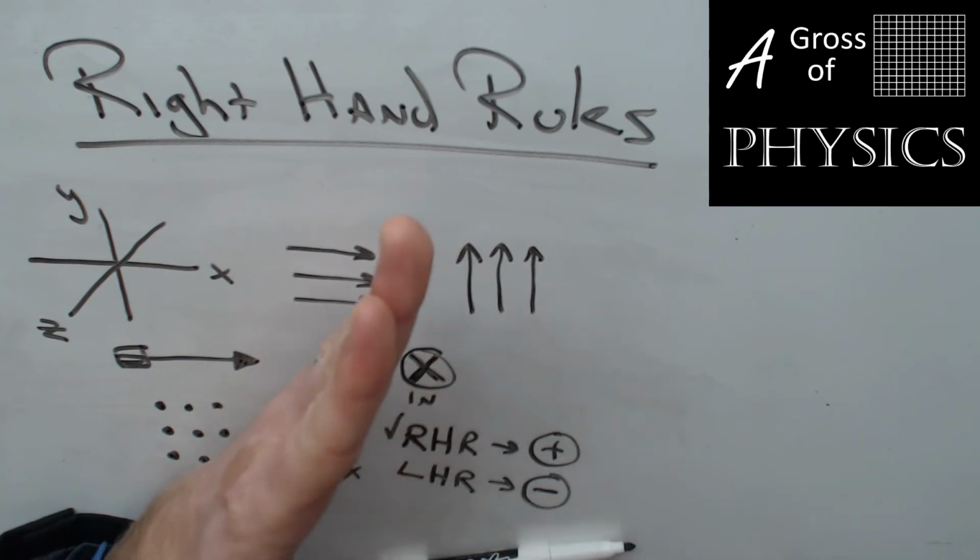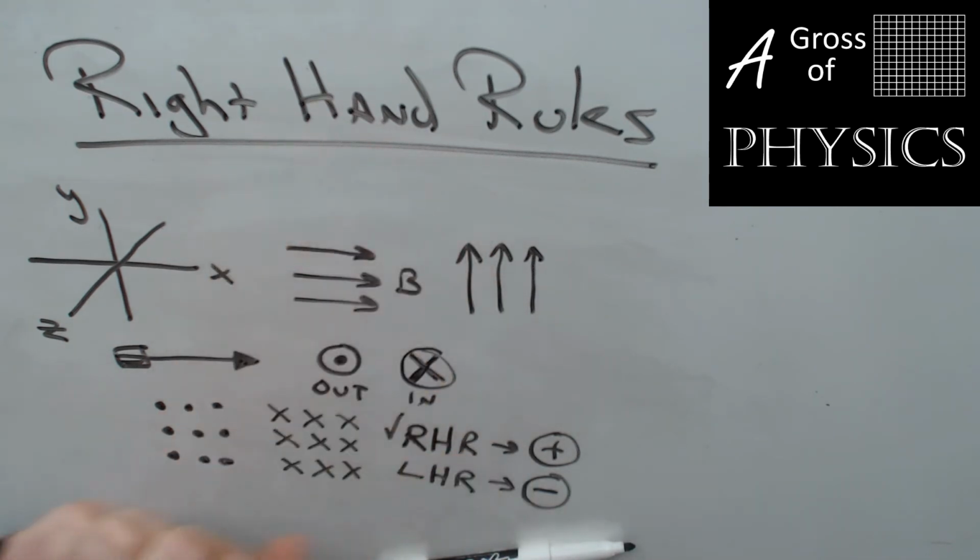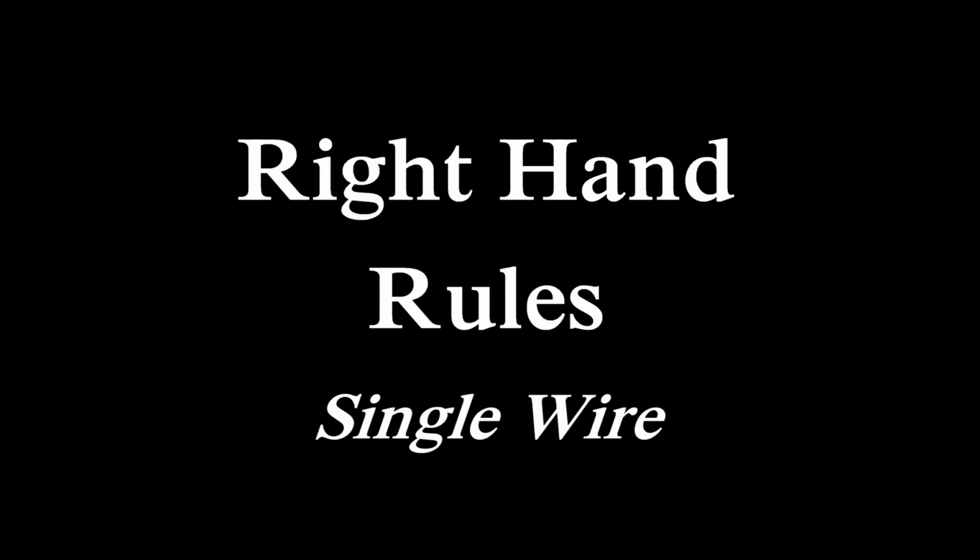X, Y, and then out would be Z. So you have your three dimensions with your right hand. So we're going to use those right-hand rules to analyze the different directions of the magnetic field or the forces on charged objects within the magnetic field. So let's talk about the actual rules themselves now.